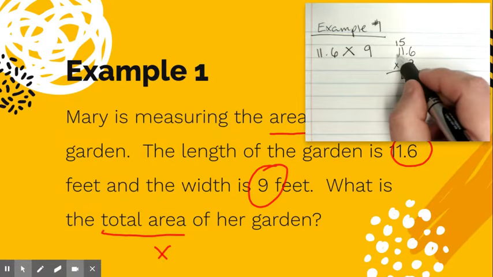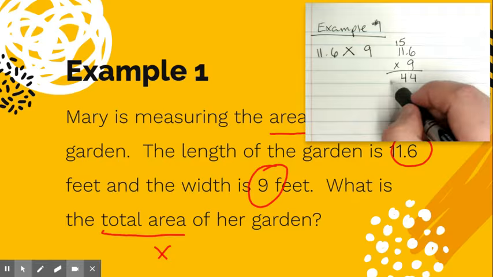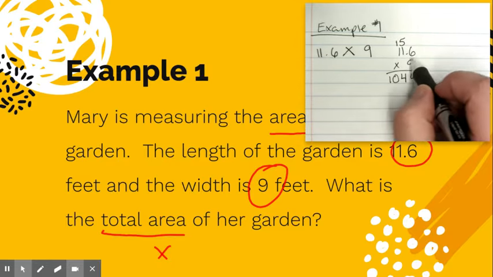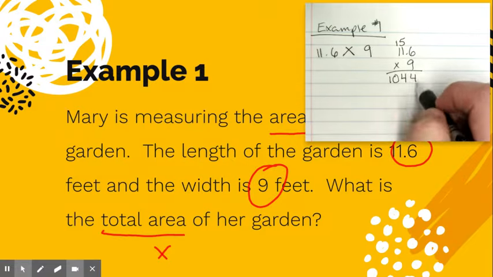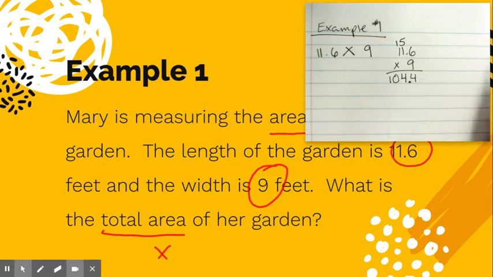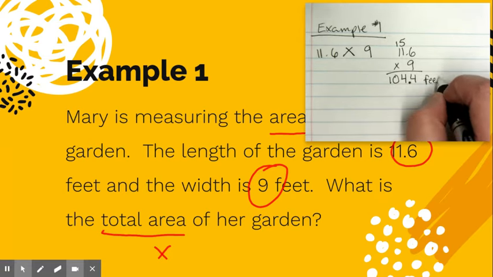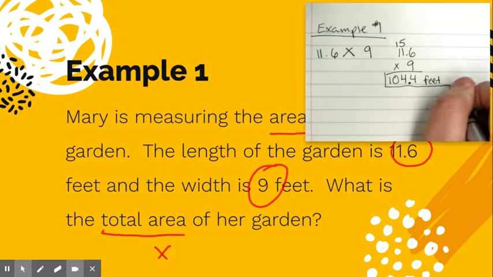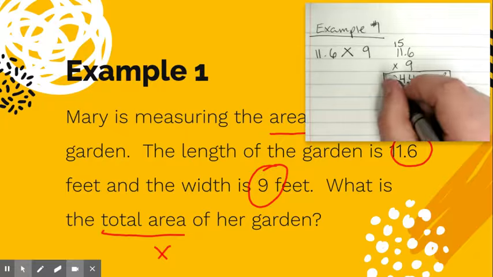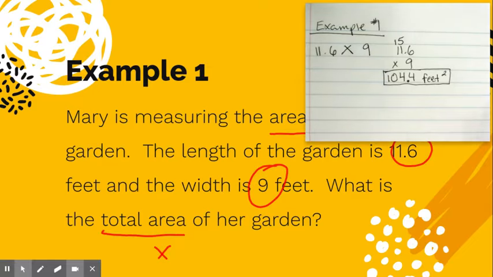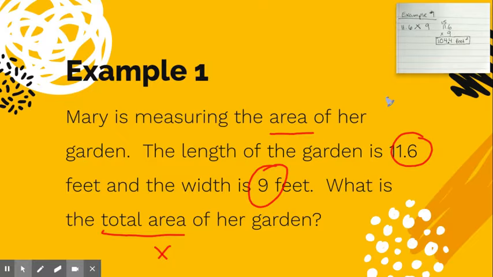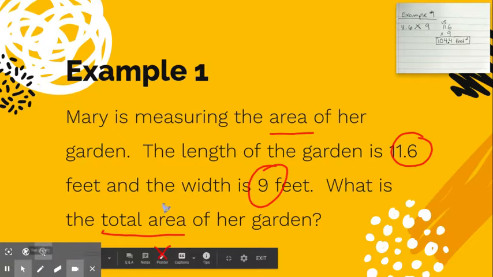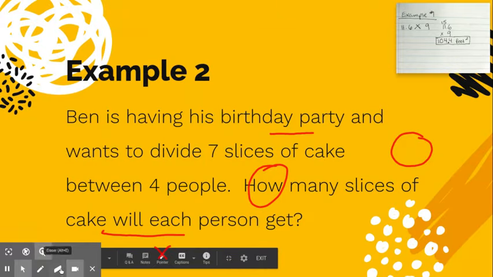And then 9 times 1 is 9, plus 1 is 10. I have one number behind the decimal, so we put one number behind the decimal here. And that's my answer, 104.4 feet squared. That's how simple it is. Let's make this a little bit smaller again, and we're going to move on.